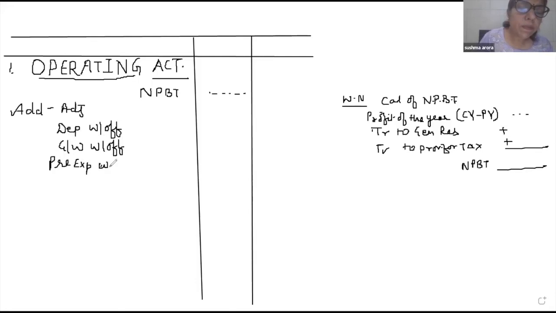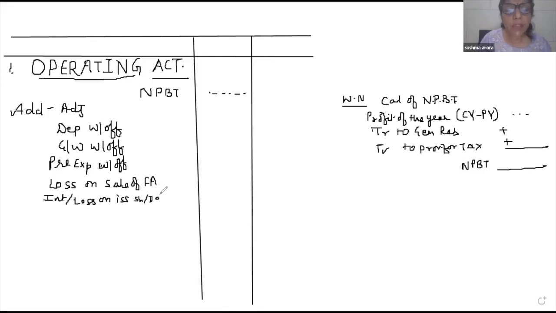Okay. And 2 more things. Loss on sale of fixed asset to be added and interest loss, okay, on issue of share and debentures.